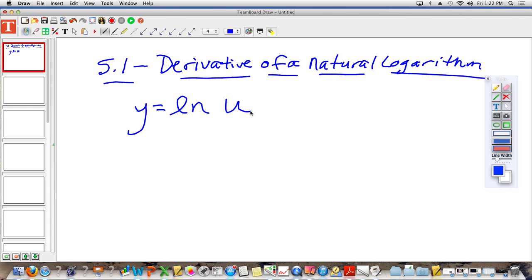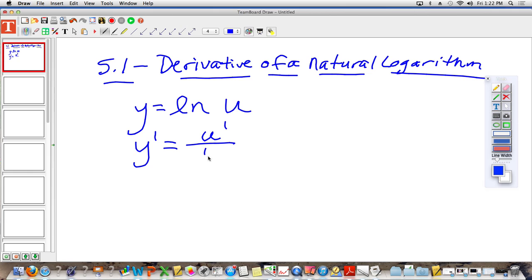So let's say you have the natural log of u. The formula that you use to find the derivative of the natural logarithm is to take the derivative of u, and sometimes the u will require you to use the chain rule, but we'll get to those at some point.